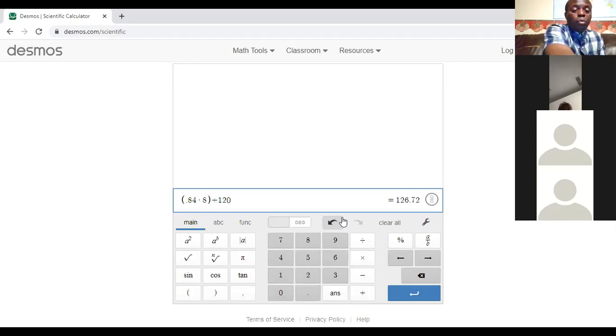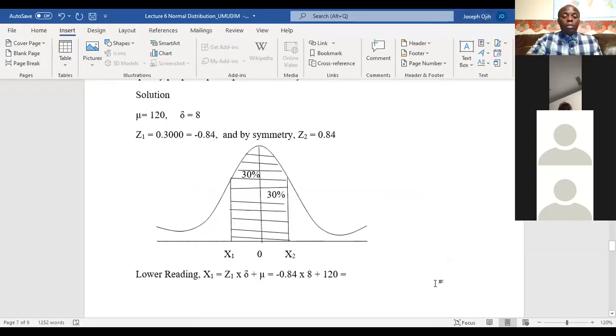That gives me 126.72 millimeter of mercury. That's how blood pressure is measured.